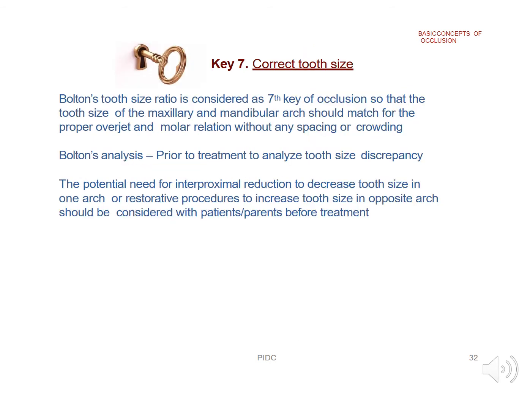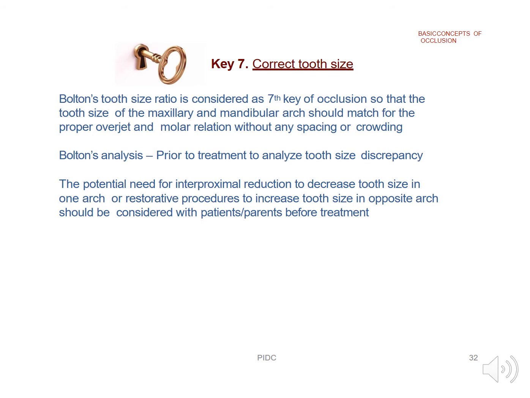The last key is key number 7, correct tooth size. The Bolton tooth size ratio is considered as the 7th key of occlusion, so that the tooth size of the maxillary and mandibular arch should match for the proper overjet and molar relation without any spacing or crowding.